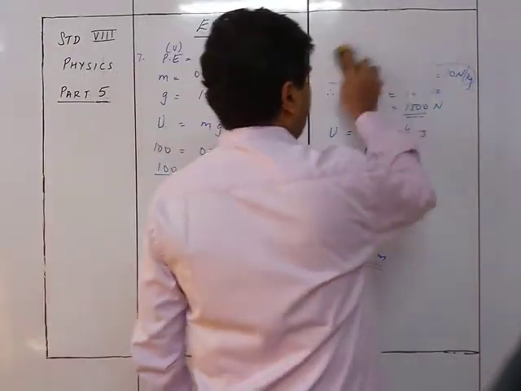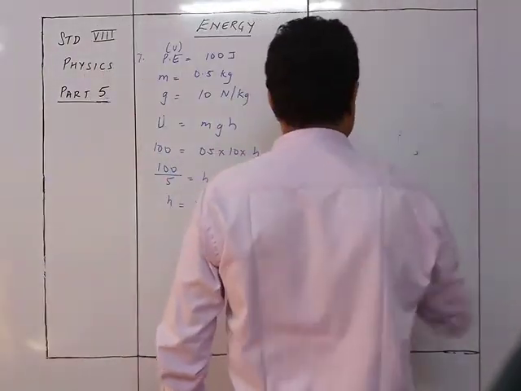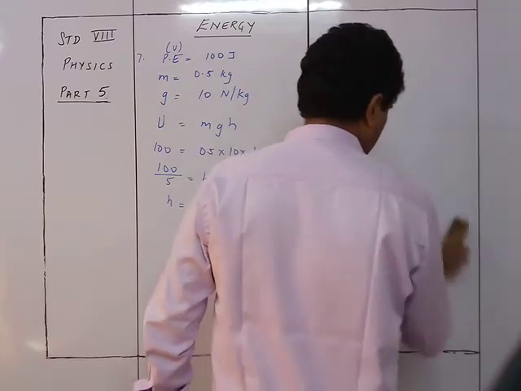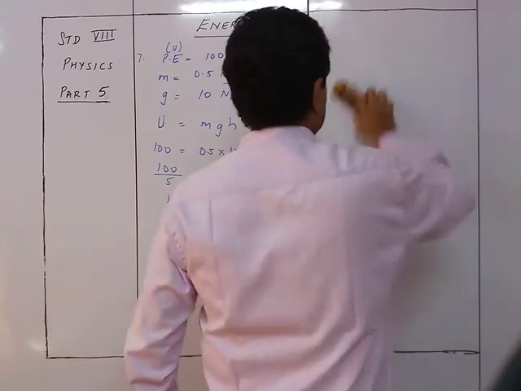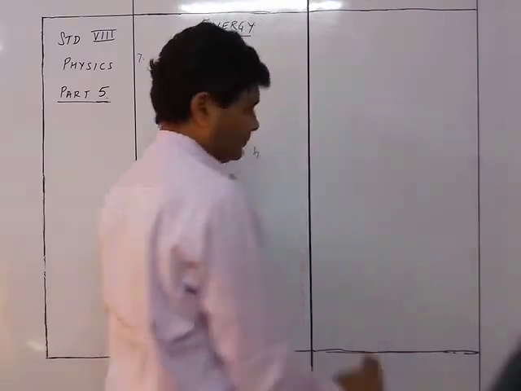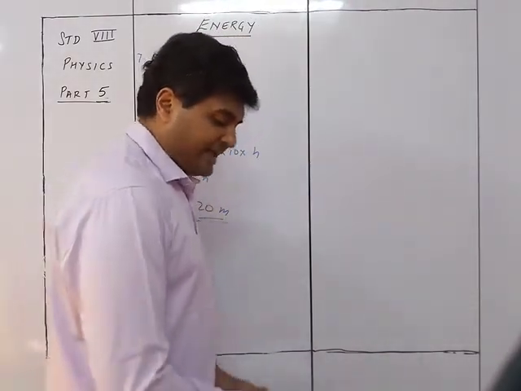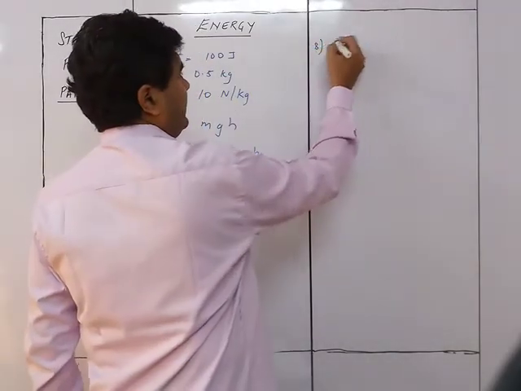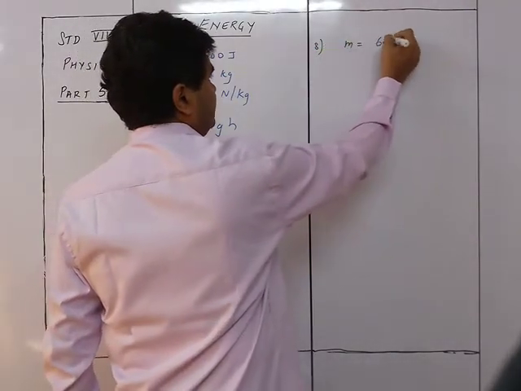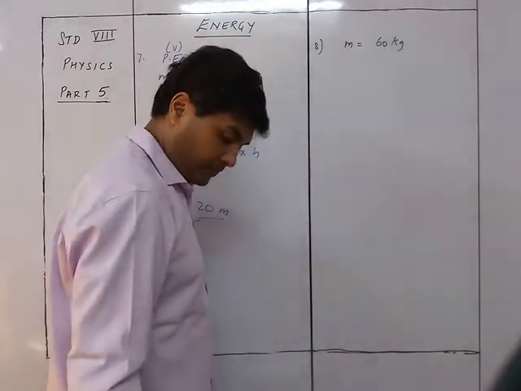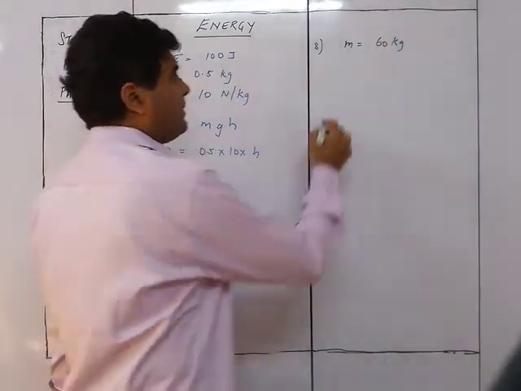We move on to sum number 8. A body of mass 60 kg is moving with the speed of 50 meters per second.